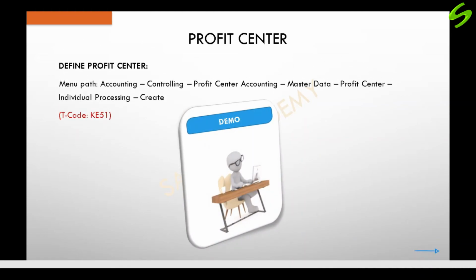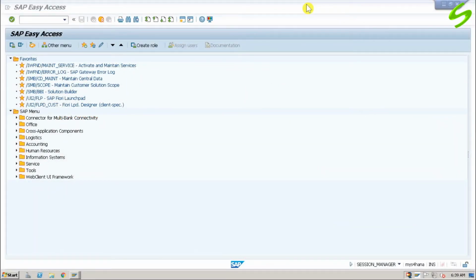Let us define the profit center. The transaction code is KE51.